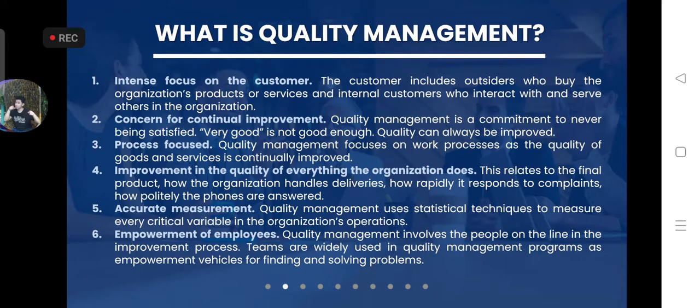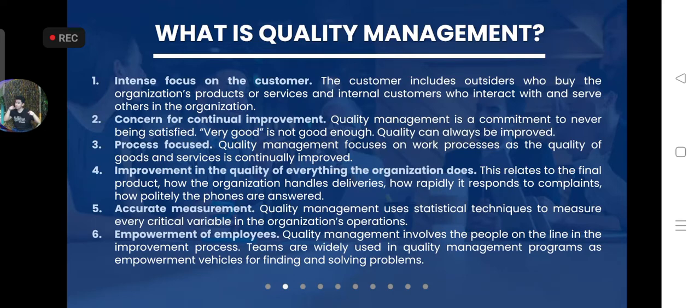So, when we say intense focus on the customers, we must not only focus on the customers outside the organization, but also those working inside the organization who also buy or use the organization's products and services, because at the end of the day, they are both customers or consumers that acquire or require these products or services. Second, concern for continual improvement.